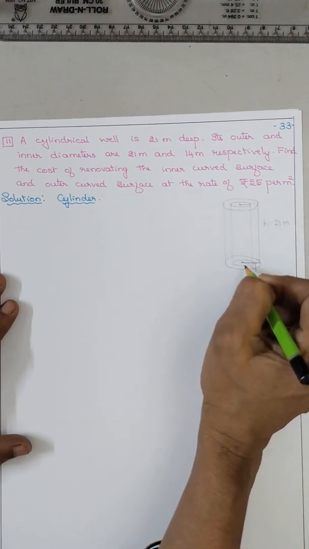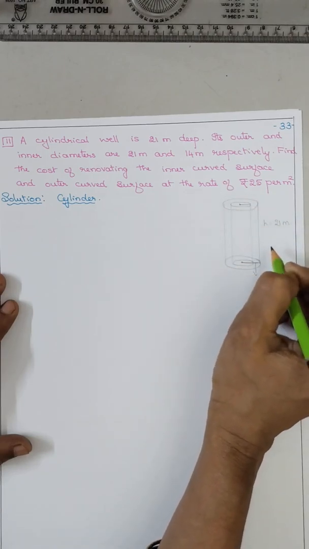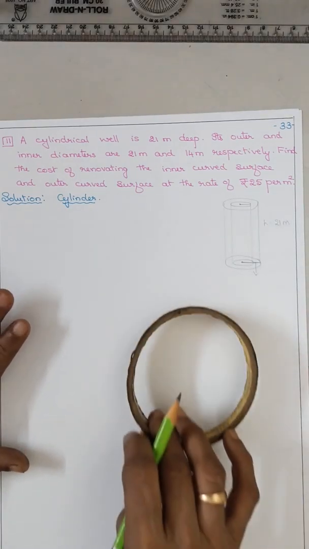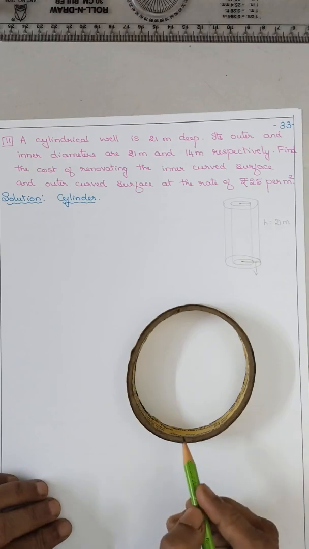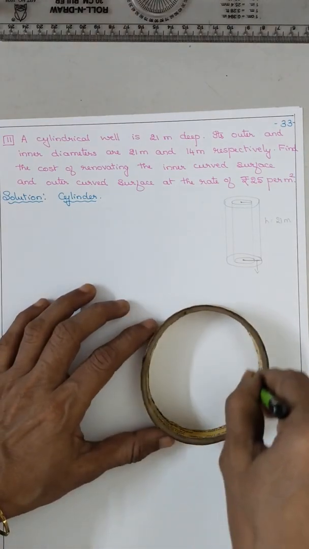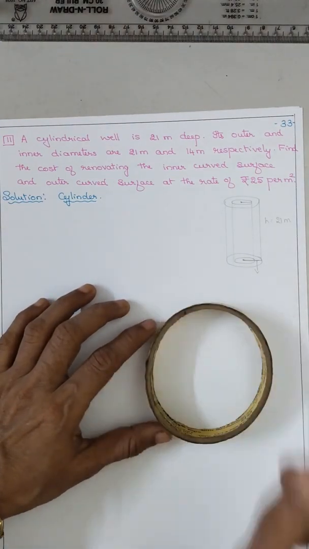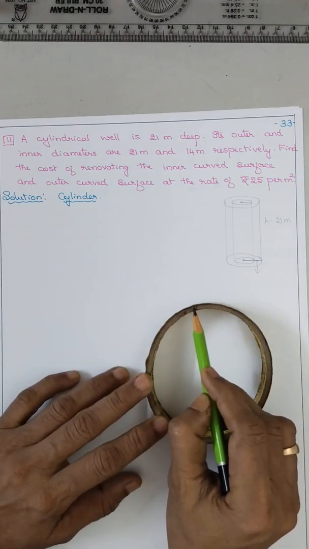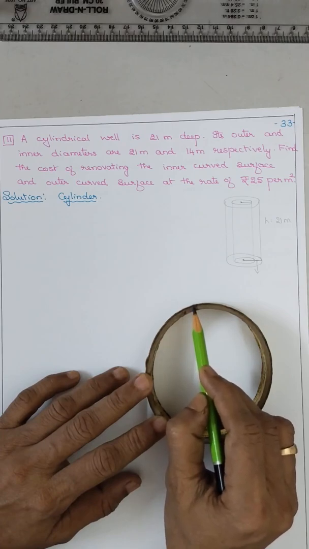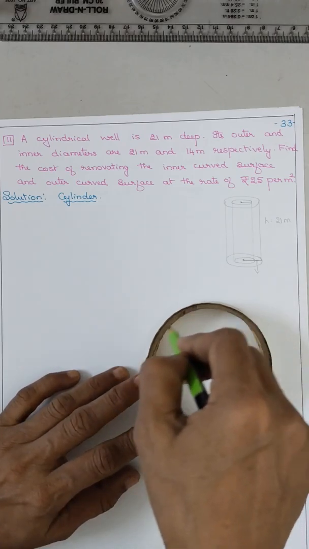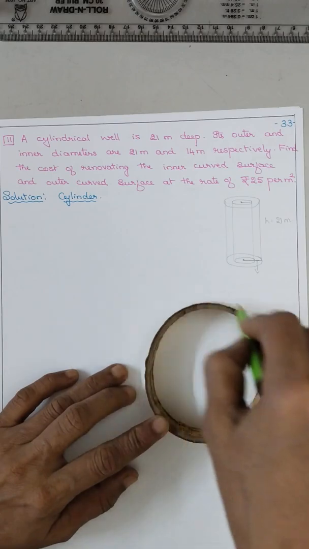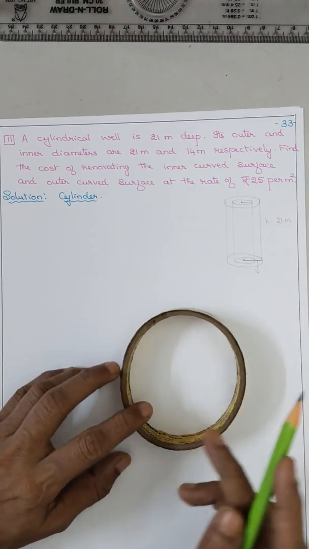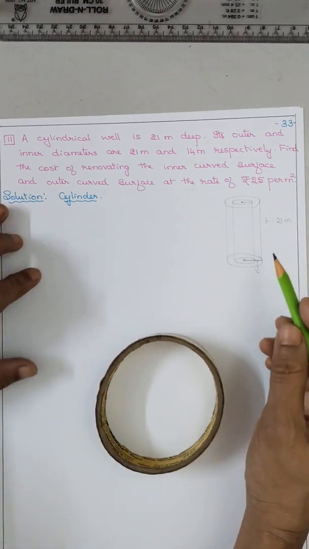So this is the inner cylinder, this is the outer cylinder. When we say outer and inner, it comes like this. See, this is the inner, this is the outer. This extra space is the thickness, okay. So this is the inner cylinder, this is the outer cylinder. So inner diameter and outer diameter.